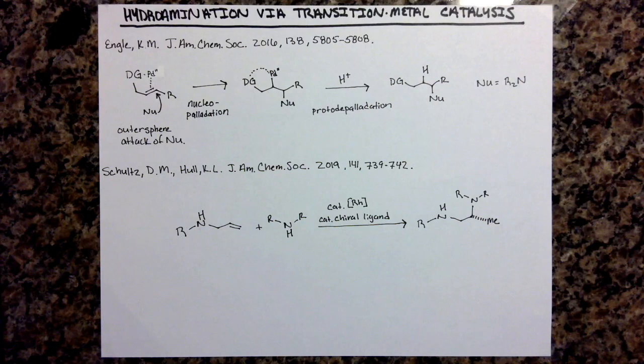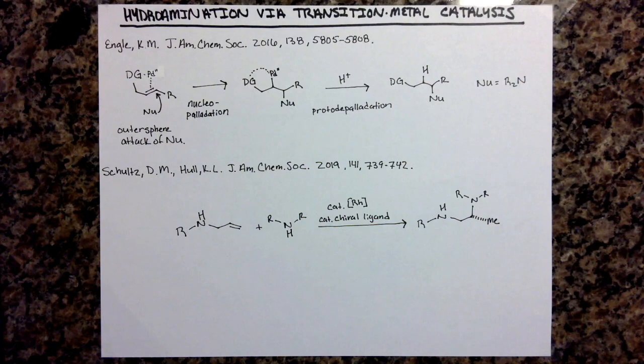And this mechanism proceeds very similarly to that of Kiri Ingles' work, as it coordinates this allylamine to the rhodium catalyst, which then puts the alkene in close proximity to the metal, which then, upon coordination, can undergo a nucleophilic outer sphere attack, similar to what we saw in the Ingles paper.